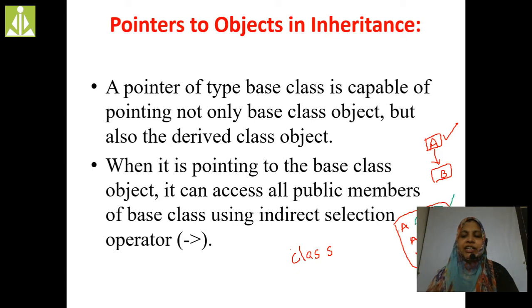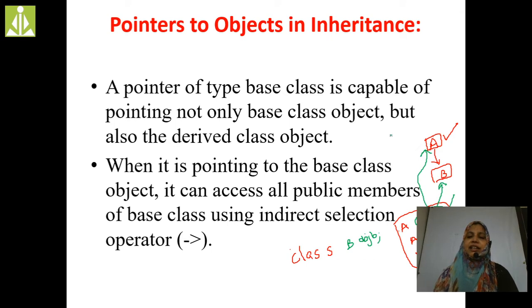This pointer variable ptrA is going to point to the base class A object, but also to the derived class object. How do we create the derived class object? B objB. Here, A is the base class, B is the derived class.